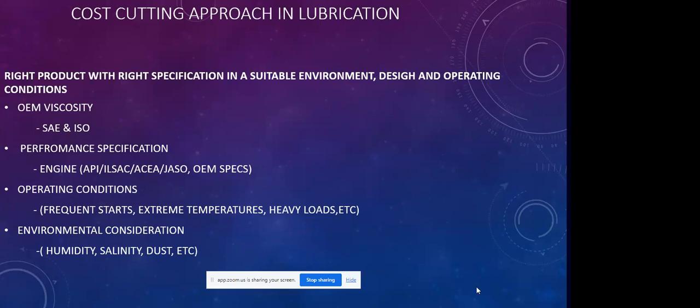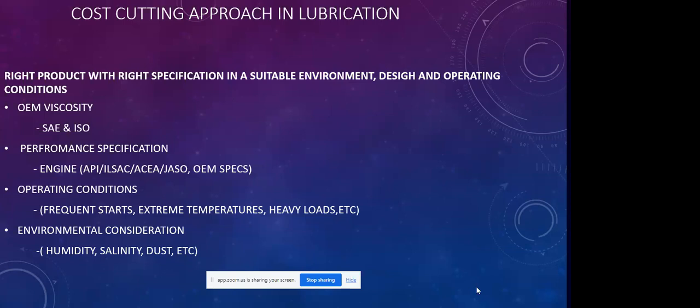In lubricating, it is very important to look at the operating conditions of the equipment. You may have a manual specifying a certain specification, but the very moment you move the equipment out of a certain environment, then the operating conditions change. And in instances like that, you would need to tweak the specification to meet the operating conditions. When I talk about operating conditions, what do I mean?